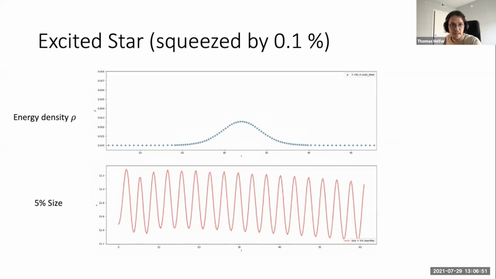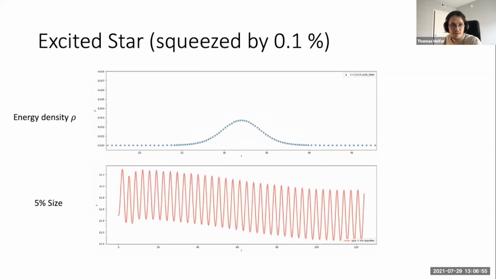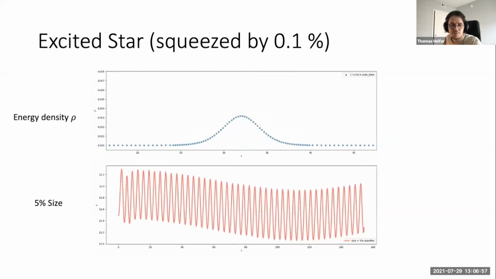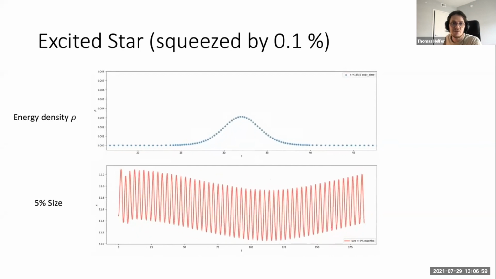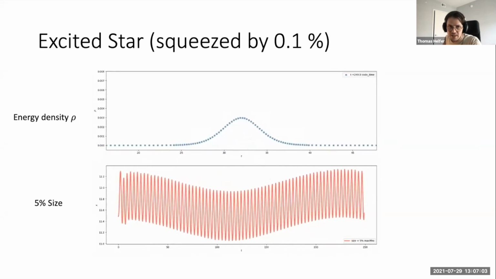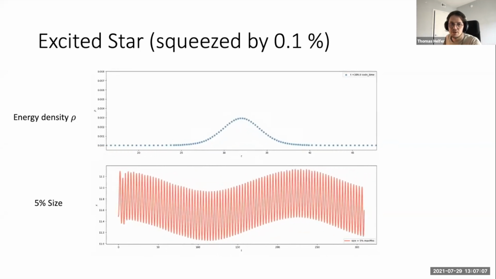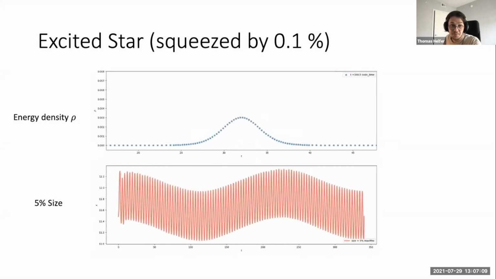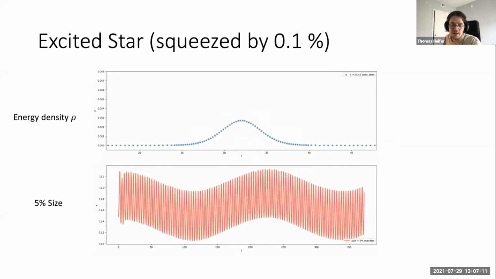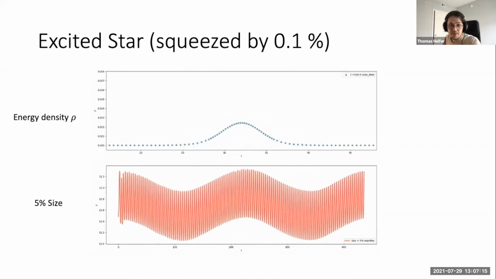You can see the behavior is very similar to what we saw before: the high frequency oscillation, but also this very long wavelength oscillation. So what we found is that if you superpose in this specific way, where you just take away the identity metric, you're actually introducing excitations into the star. You are implicitly squeezing it.